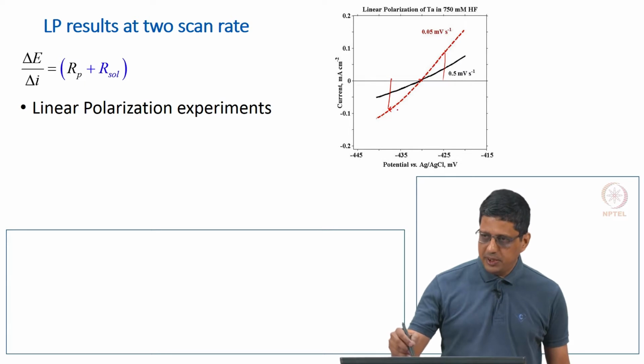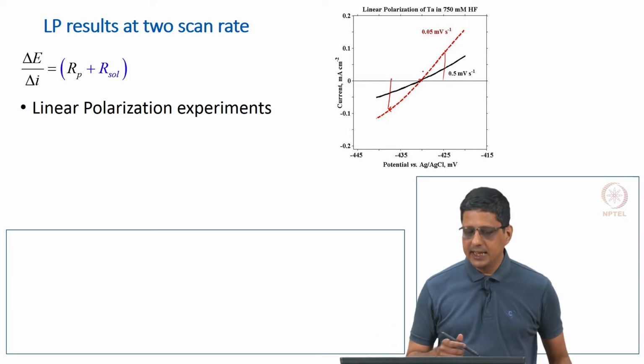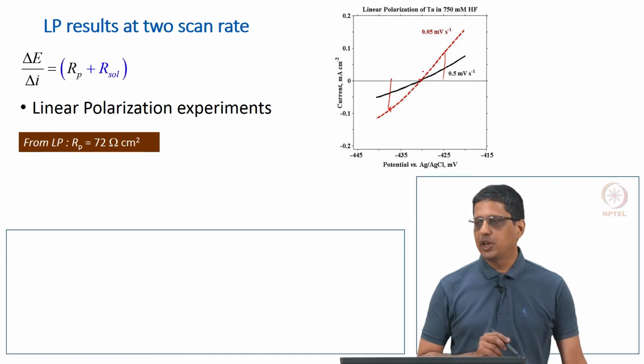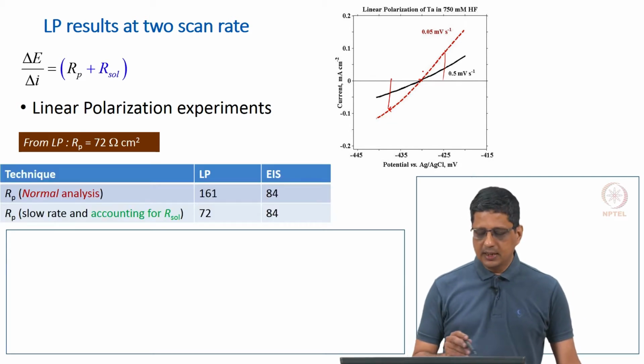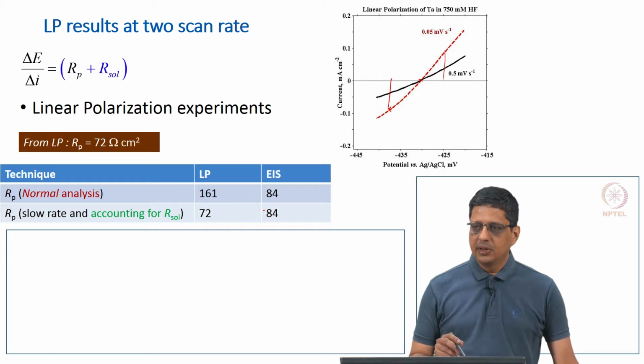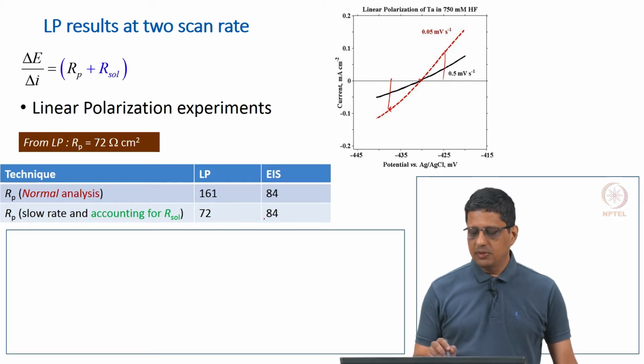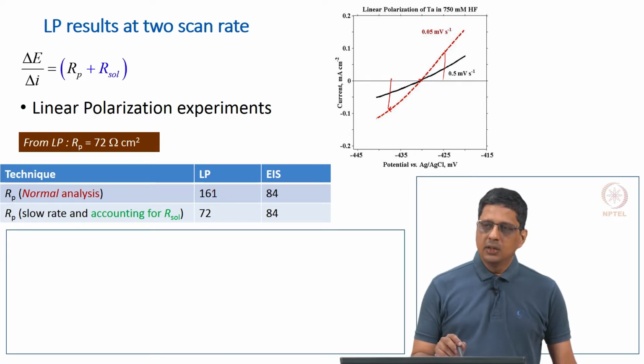That means the slope is more, inverse of the slope is less, and the estimate from this says 72 ohm centimeter square, which is a lot better compared to 161 ohm centimeter square. So, with slow rate and accounting for our solution, we get 72 ohm versus 84. It is still not an exact match, but it is close enough.